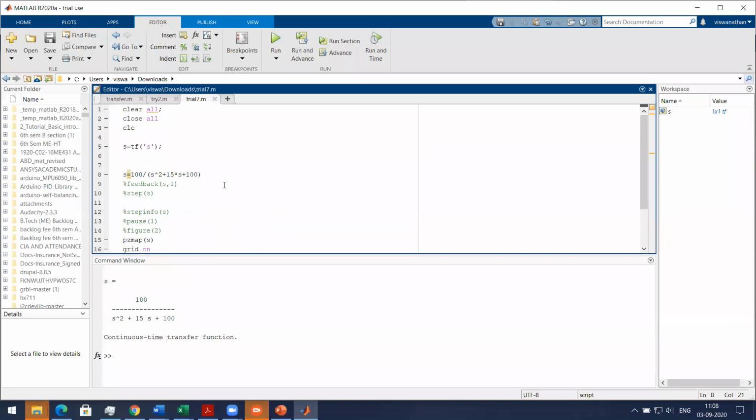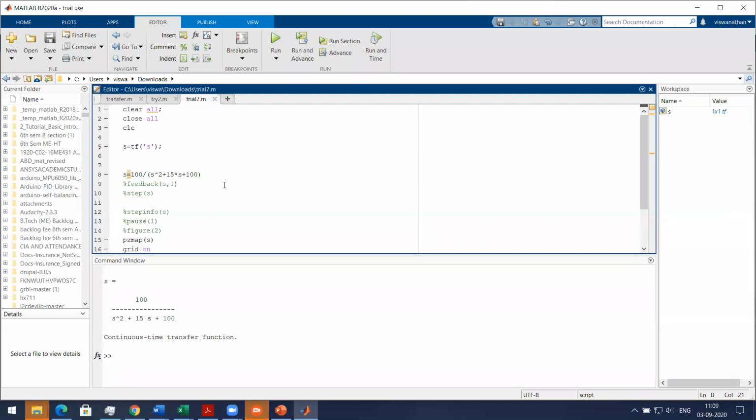I'm avoiding some complex ones with pen and paper so that you can use MATLAB. For simple ones, I will prefer pen and paper so that you also do some calculations. Otherwise, you will not know how zeta comes, how omega n comes. So calculation helps in understanding those.